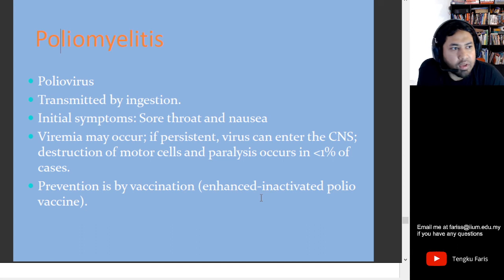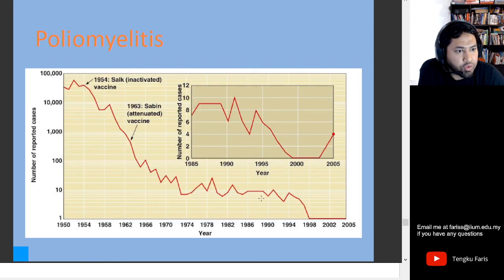Recently, I think in 2016, or I think last year, we had a case of polio again. We thought that polio was fully eradicated from society, but it is striking back. So we make sure we have the vaccines too. It is quite important to prevent us from getting polio again.